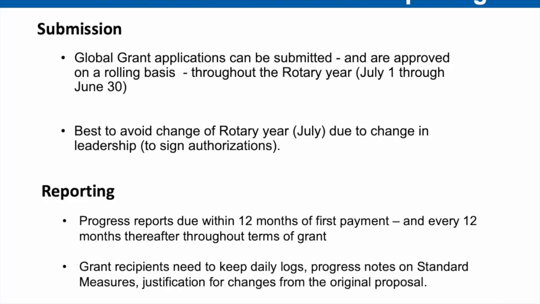And that includes if you had to go back to your regional grant officer and ask for permission to vary something that you've been doing. Be sure you keep those emails. All of this will probably be requested on your reports. Your final report is due within 2 months of completion of the grant.